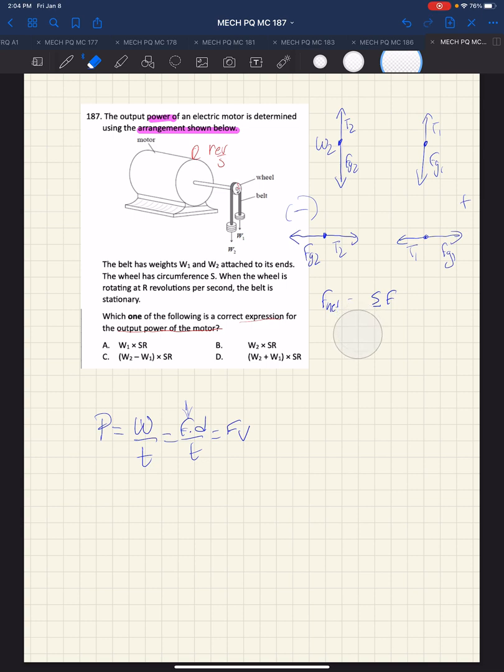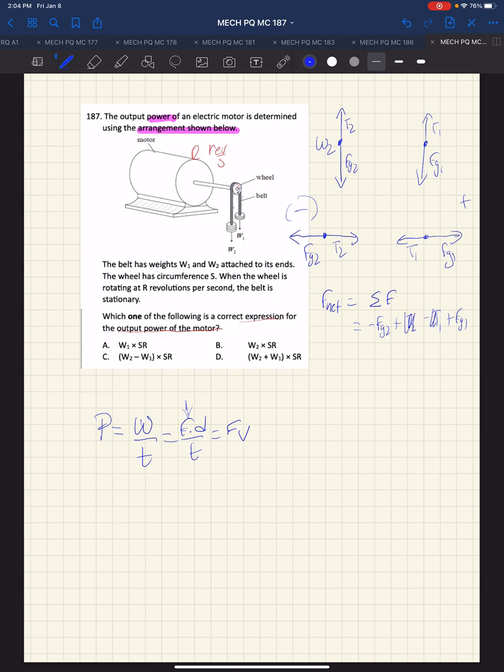So we'll leave it at that, and the sum of the forces is minus Fg2 plus T2 minus T1 plus Fg1. Because this is one continuous belt, we've studied in tension that inside that material, the forces are equal and opposite everywhere.